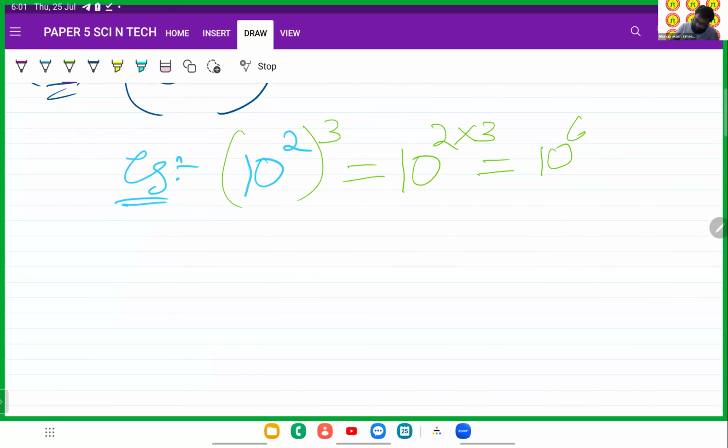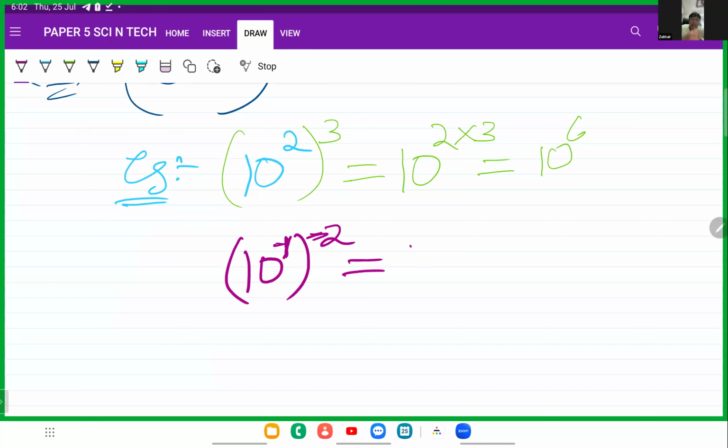Similarly, now let's go with 8. I'm bored with 10. 10 to the power of minus 1, whole to the power of minus 2. Sir, that will be 10 to the power of minus 3, sir.